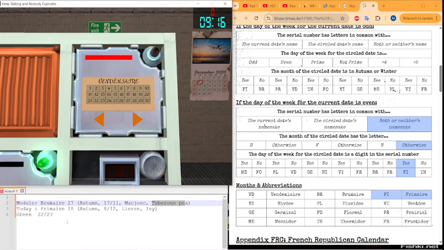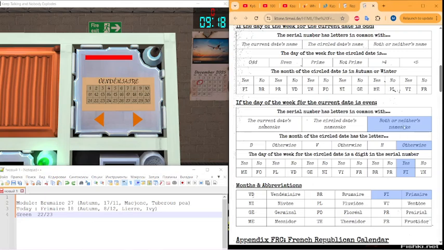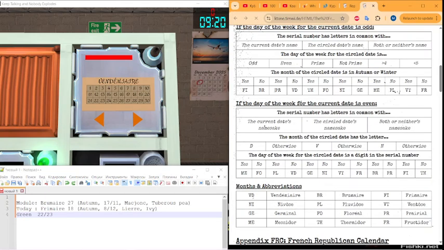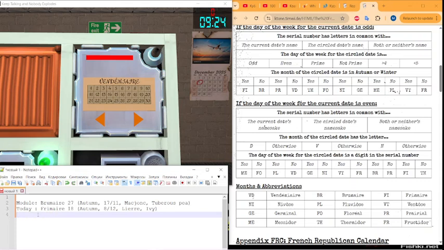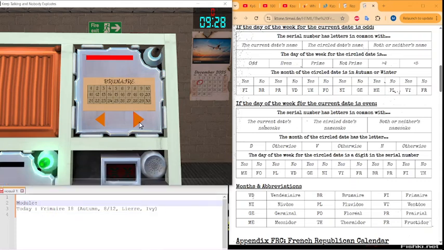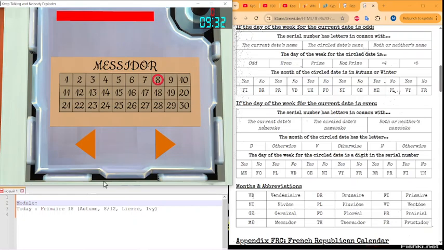Okay. Let's do another example. So today is going to stay the same, obviously, and the module's date is now going to be Messidor 8.